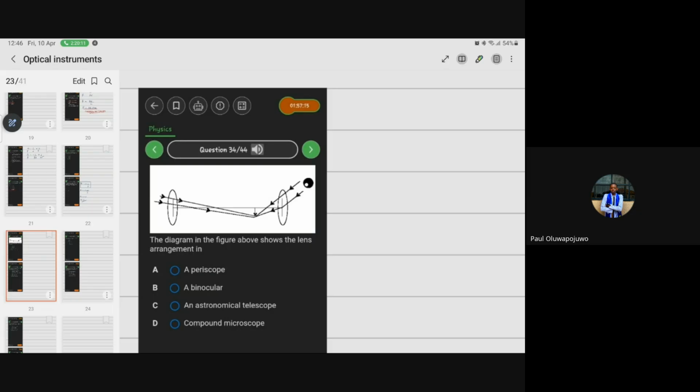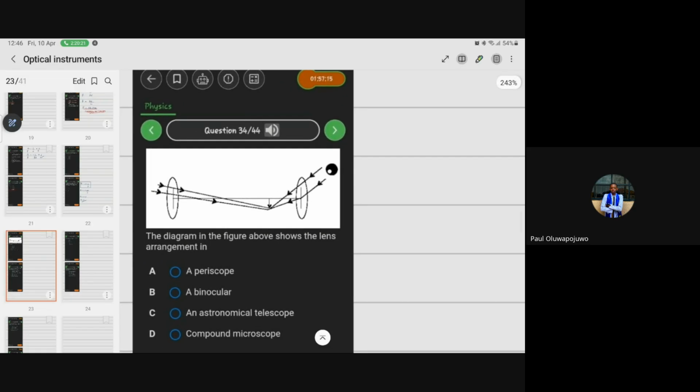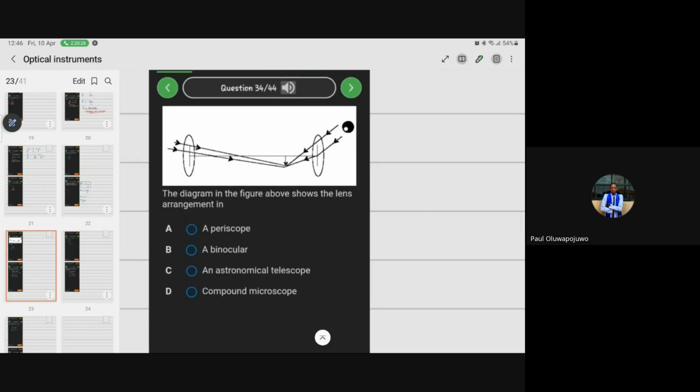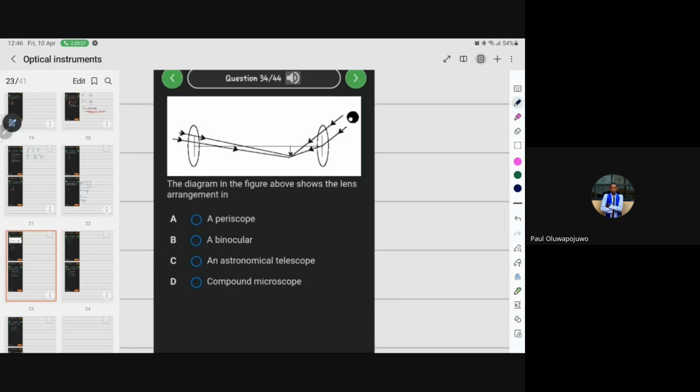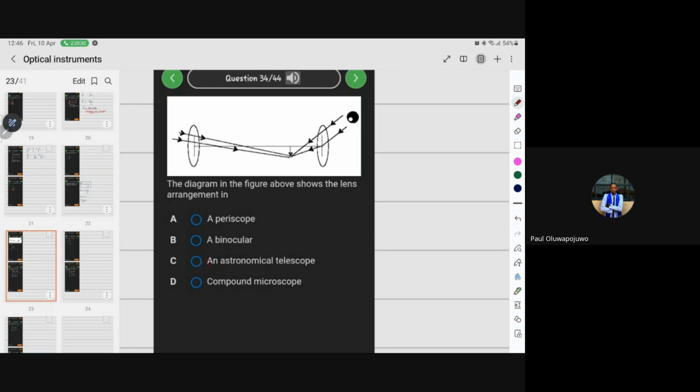I think it's compound microscope. No, it cannot be a compound microscope now. Then it's astronomical telescope. Astronomical telescope, exactly. You know the image is inverted.